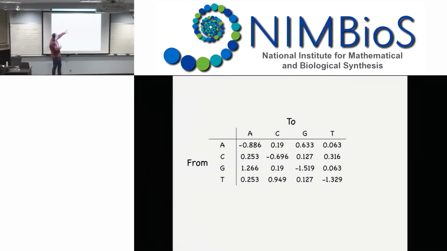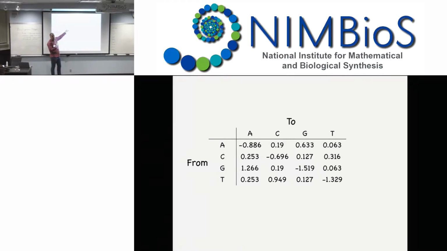So if you check this, 0.886 is equal to 0.19 plus 0.633 plus 0.063. If you ignore that negative sign, 0.886 equals the sum of those 3 numbers. So what we do is we specify each row such that the sum is 0. That puts the negative number here. But a way of interpreting this is the rate of change away from the nucleotide.